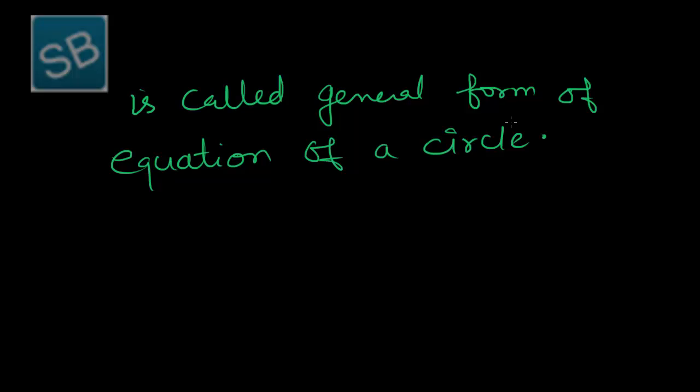So this was all about how we can check whether the given equation represents the equation of a circle and what the radius and center of that circle are. Now we are going to solve problems based on the general equation of a circle.